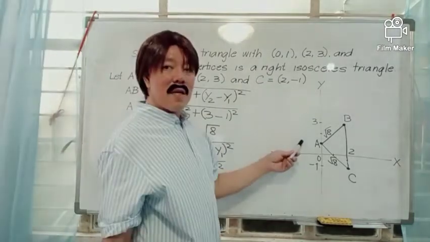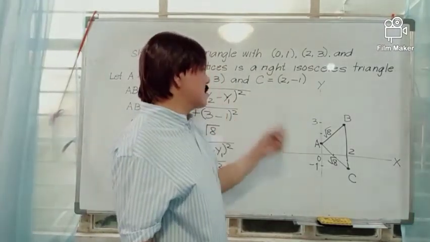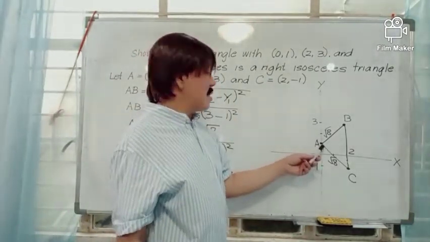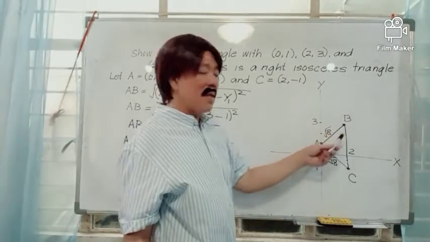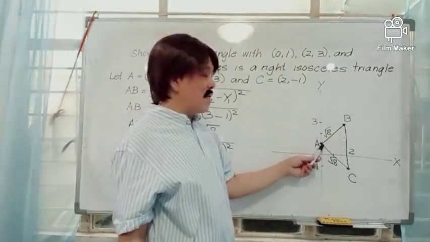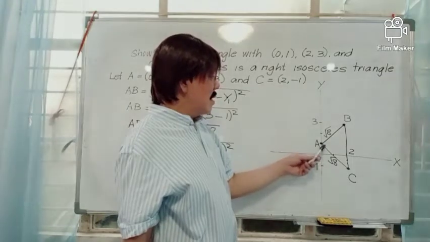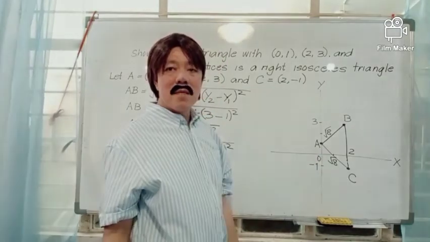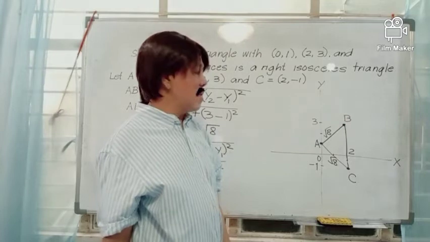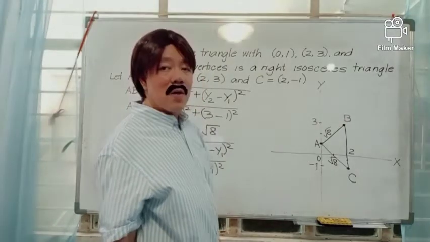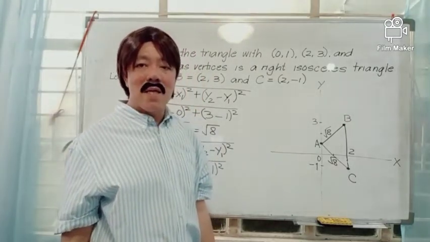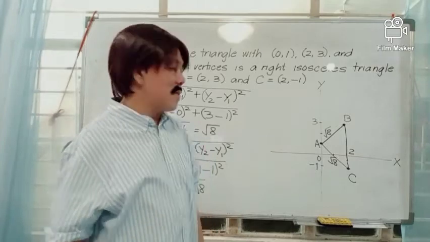Thus, this triangle has two congruent sides: the side through the vertices A and B, and the side through the vertices A and C. These two sides of this triangle are congruent. They have the same length, equal to the root of 8.